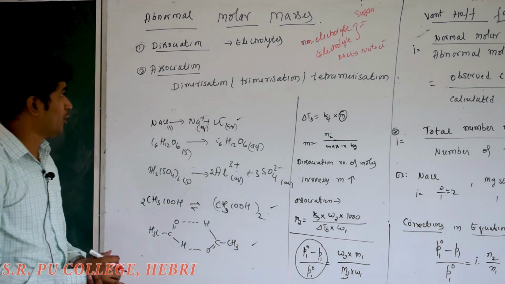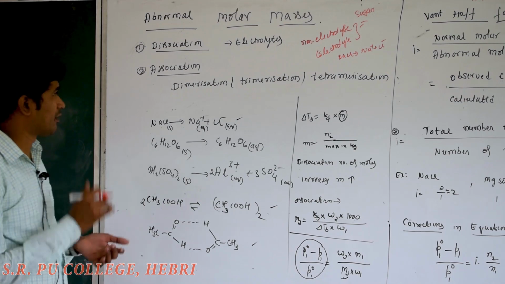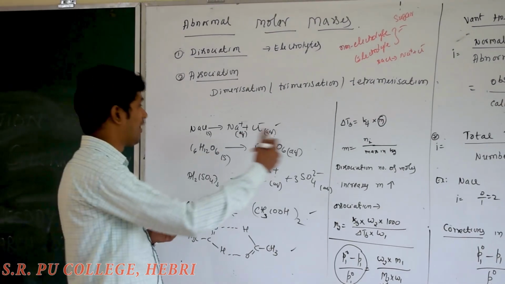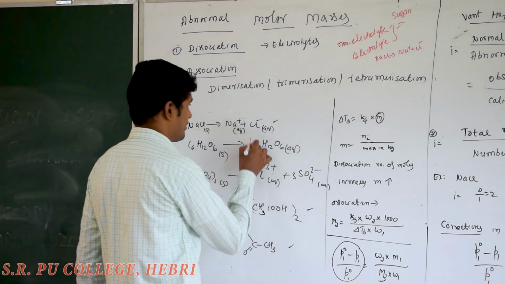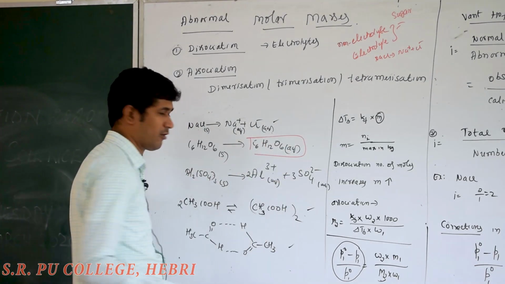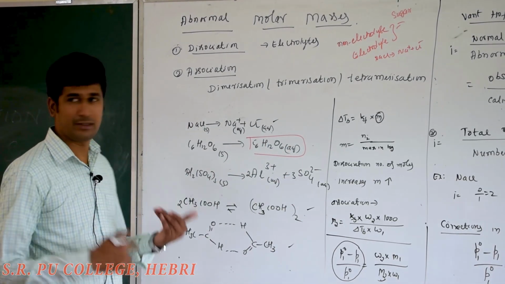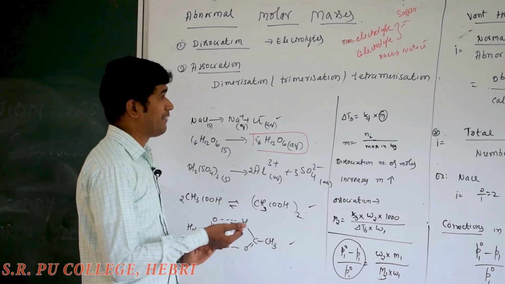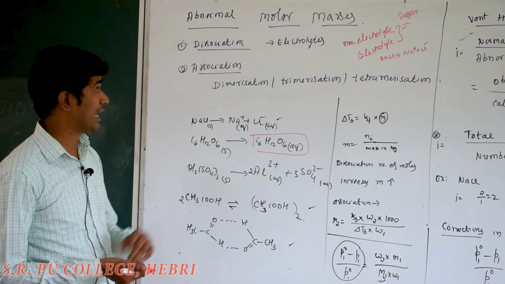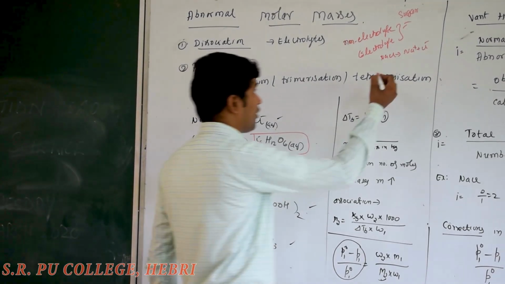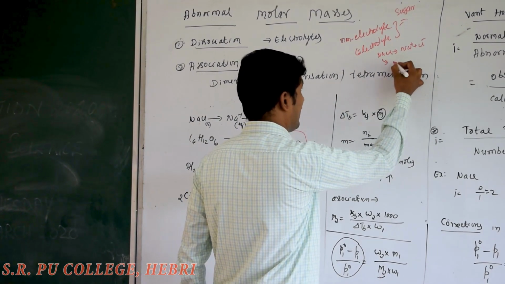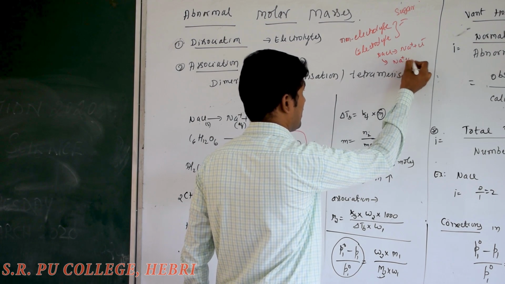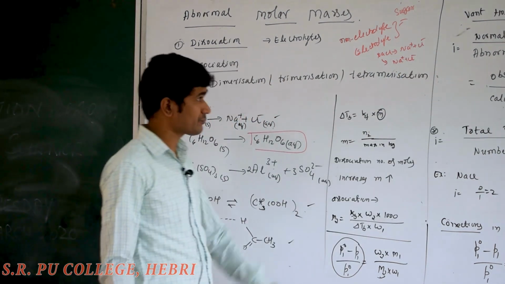If I take 1 mole of sugar in any amount of solvent, after the dissolution we get only 1 mole of sugar or glucose. It is not going to dissociate in the solution. But if you take electrolytic solutes, they dissolve in water and also dissociate into 2 ions.